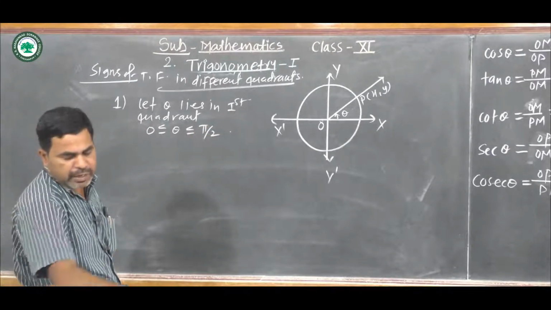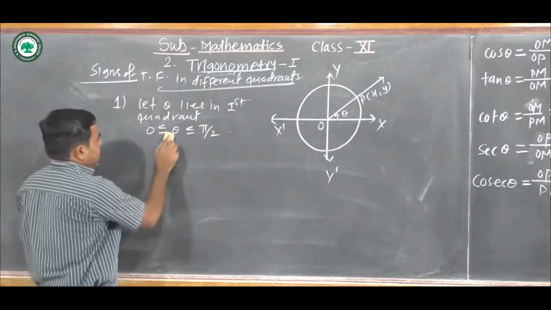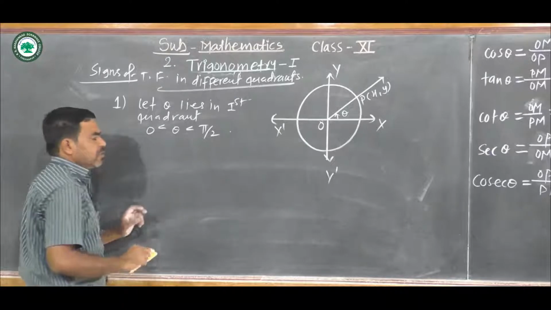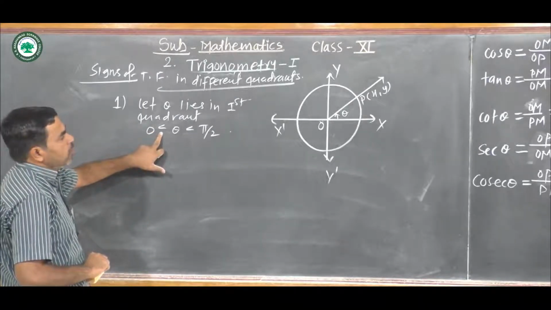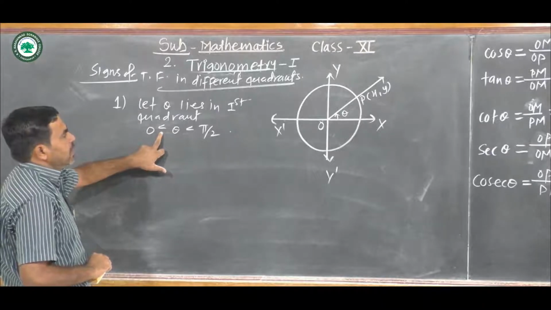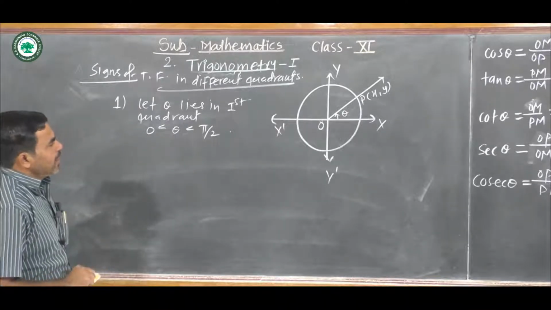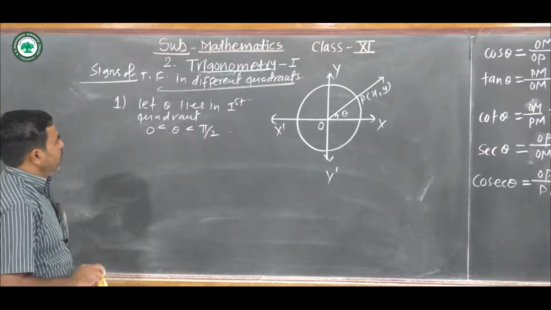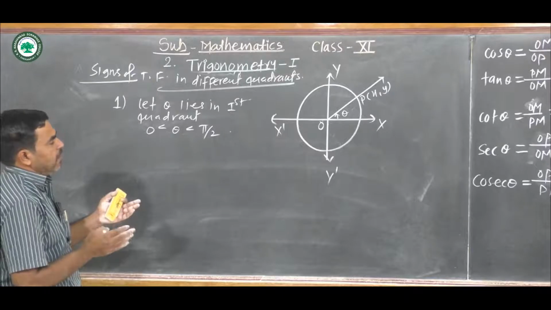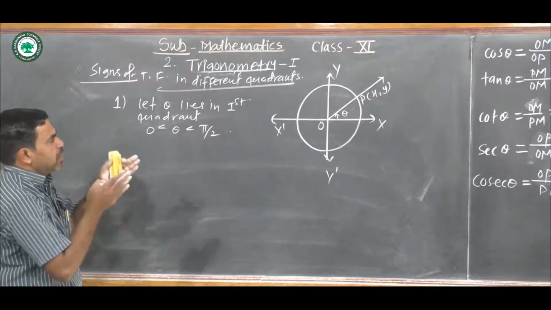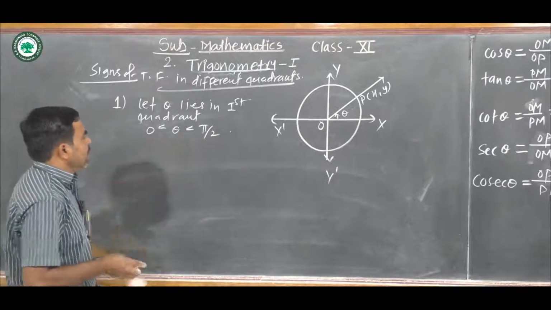In first quadrant, you know that it should be strictly less than here, because if we take less than or equal to, then the terminal arm of that angle lies on the x-axis or y-axis. So we have to take the angle which lies in first quadrant. So here should be 0 is less than theta is less than pi by 2.